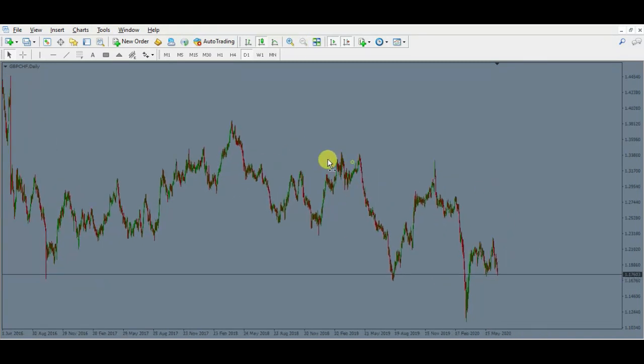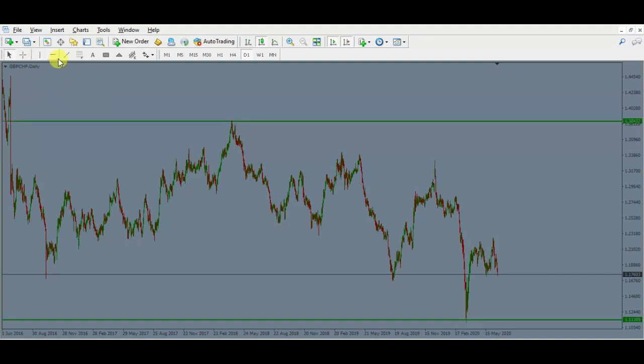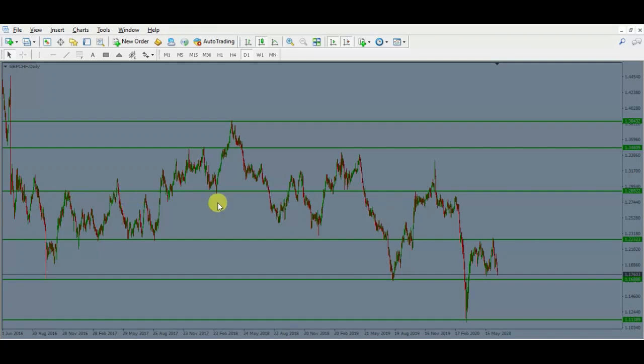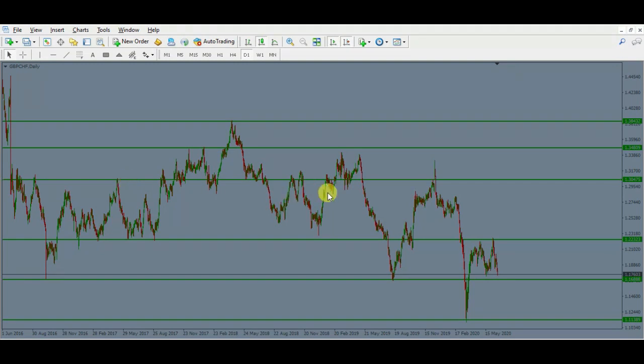After that, you need to draw the most obvious level, something like that. Then I can add a level here, or here.